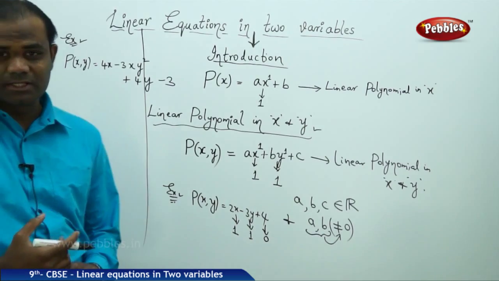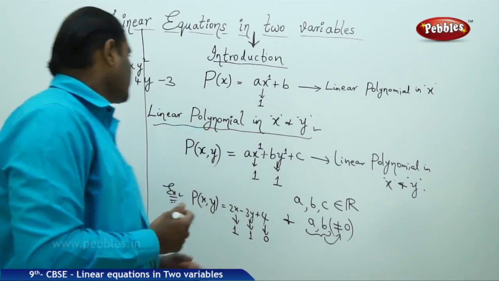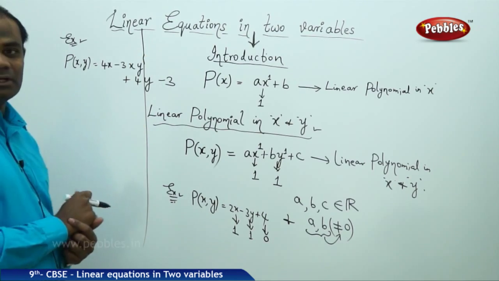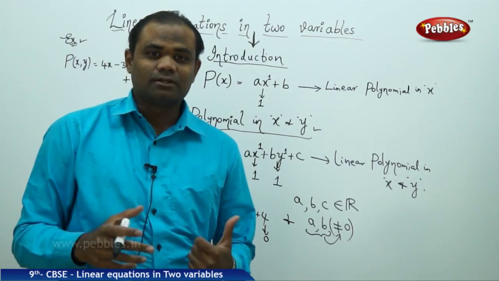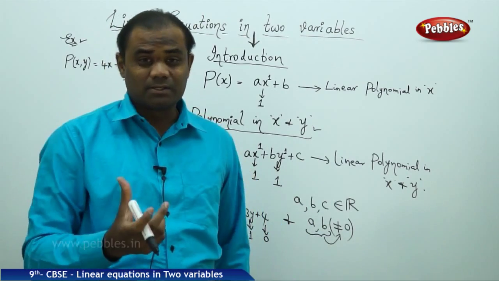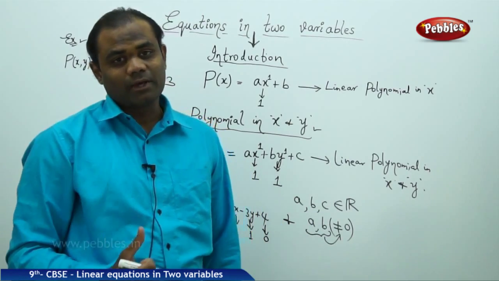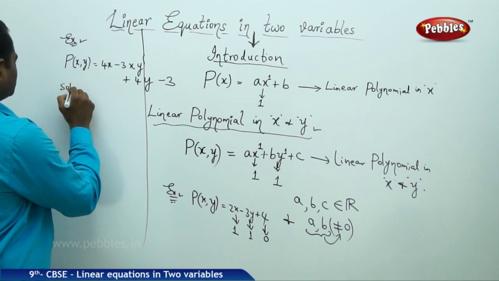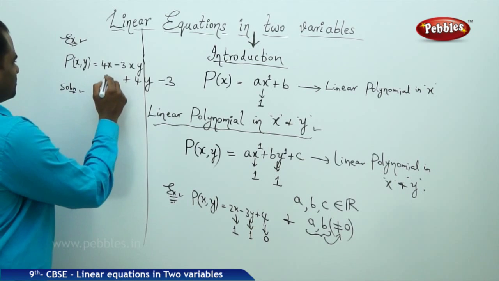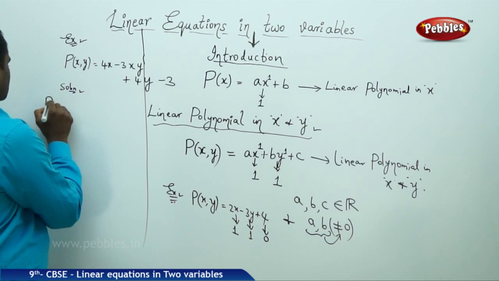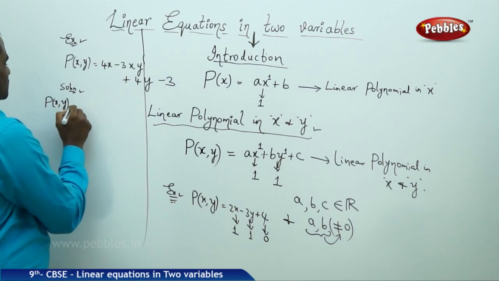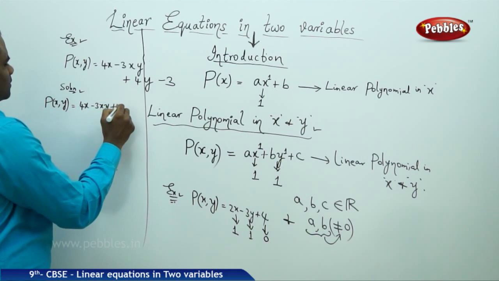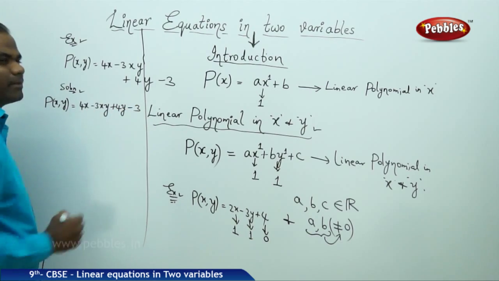Let's see if this is a linear polynomial in x and y. So let me consider this example to investigate whether this polynomial is a linear polynomial in x and y. Let's take the given example problem in which I clearly have my p of x, y to be 4x minus 3xy plus 4y minus 3.